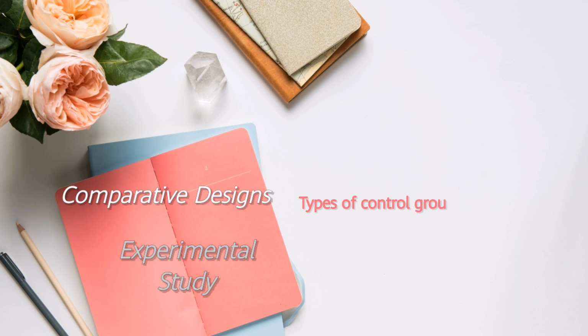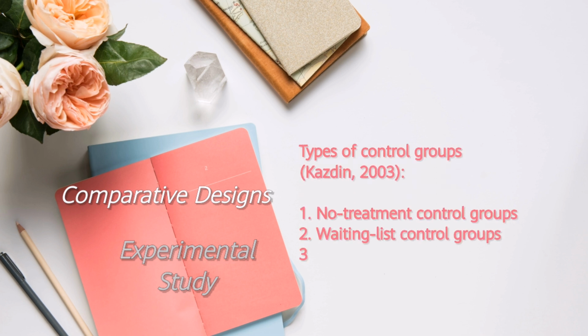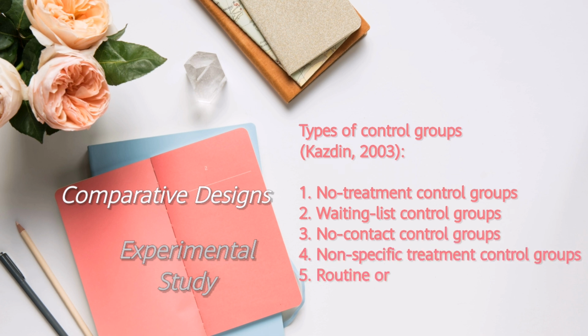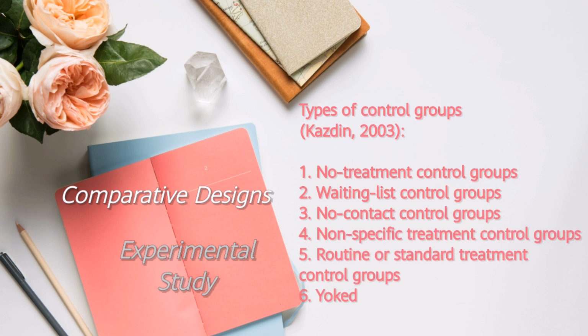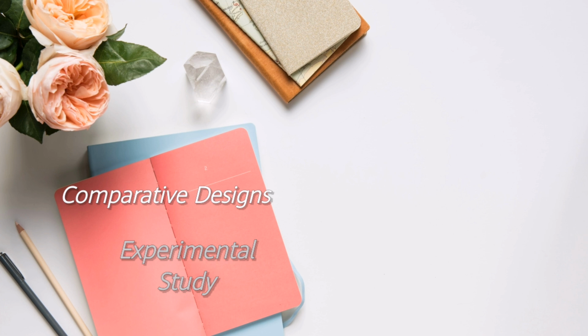There are different types of control groups according to Kasdin 2003, and these are no treatment control groups, waiting list control groups, no contact control groups, non-specific treatment control groups, routine or standard treatment control groups, yoked control groups, and non-equivalent control groups.